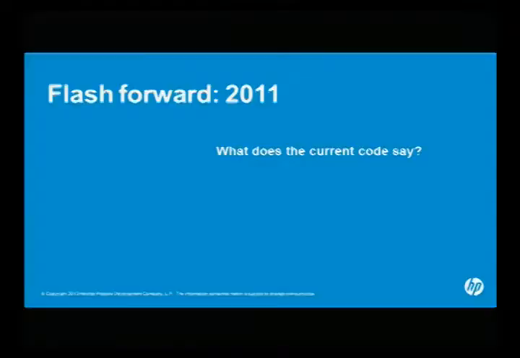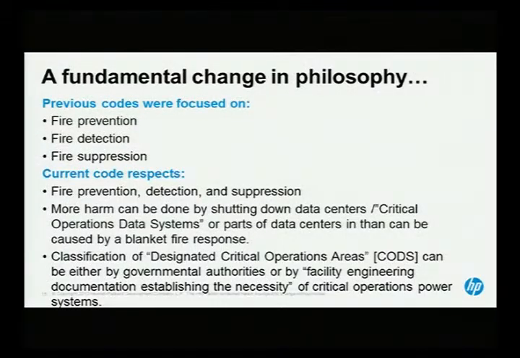Flash forward 2011. There's been a fundamental change in philosophy. The past codes were all about fire protection, fire detection, and fire suppression. It's all about the fire. The current codes are thinking in terms of what the impact is of that disconnecting means to a data center operation and to society as a whole.